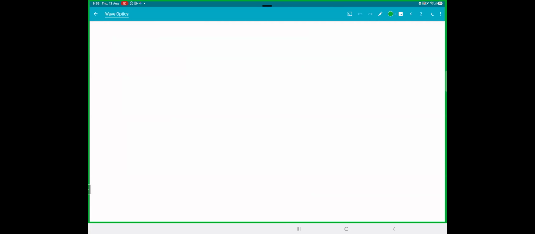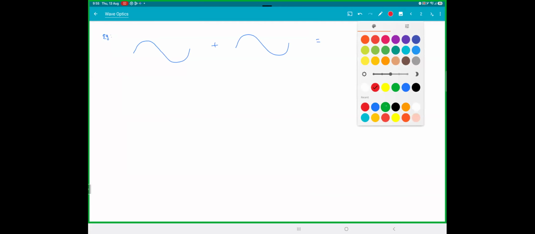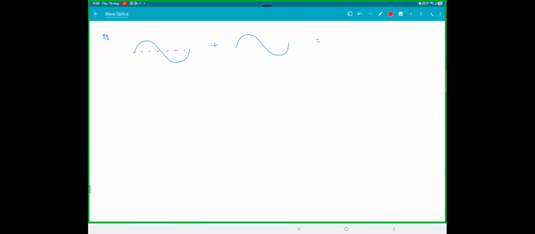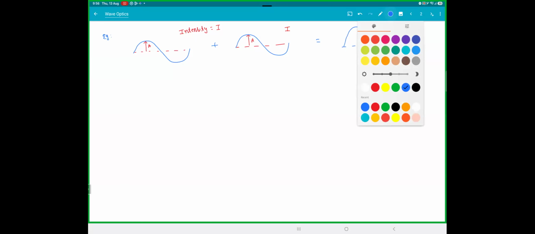Let me show you an example. Consider two waves. We have studied waves already. So if you're sending a wave plus a wave like this, two waves, superposition. So this was amplitude A. This was amplitude A. This thing has intensity I and intensity I. When these two waves add up, you get a bigger wave of amplitude 2A.